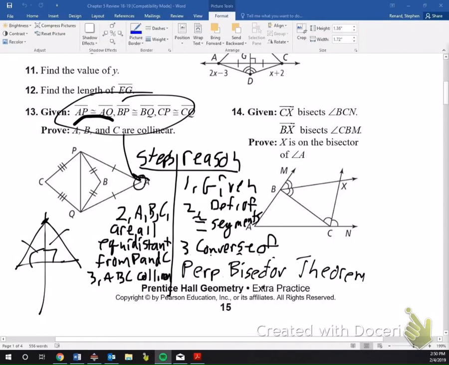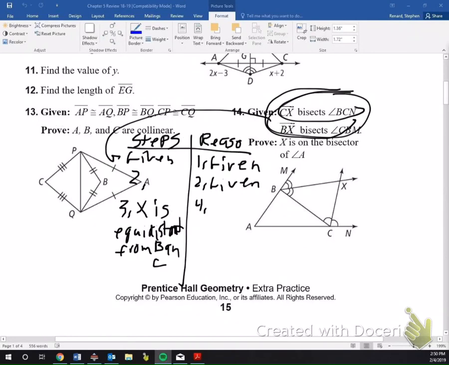So we know that this is on the perpendicular bisector of PQ, right? Because it's the same distance from P and Q, as is B, as is C. Well, there's only one perpendicular bisector, so it's got to be right there.